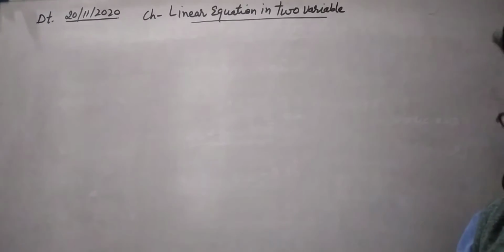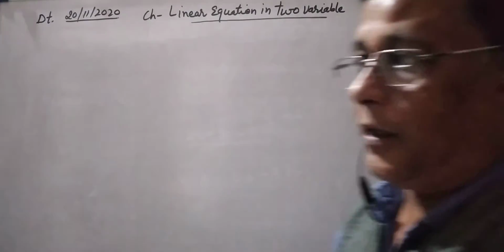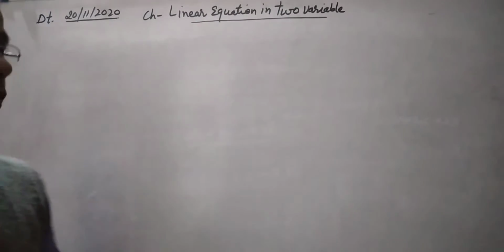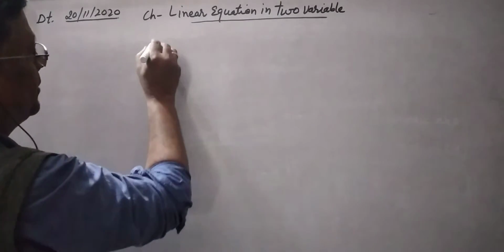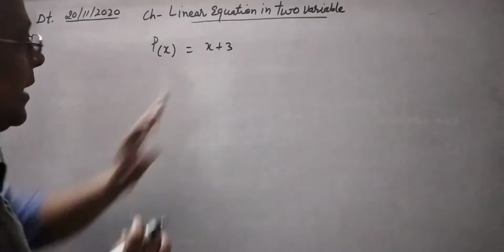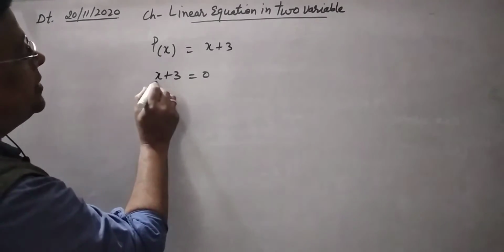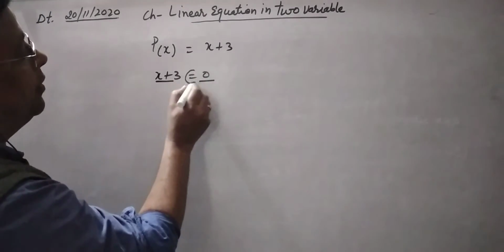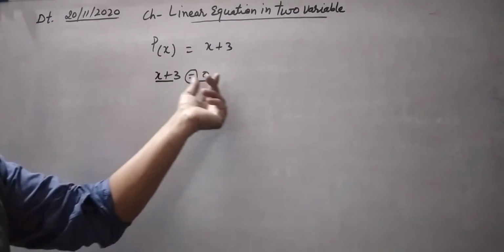Before we take linear equation in two variables, let us see what an equation is. Before that, what is a polynomial? As we read in the polynomial chapter, we write p of x, that is x plus 3, suppose. So this is a polynomial. If we write x plus 3 equals 0, because the left hand side and right hand side are joined by an equal sign, that shows equality.